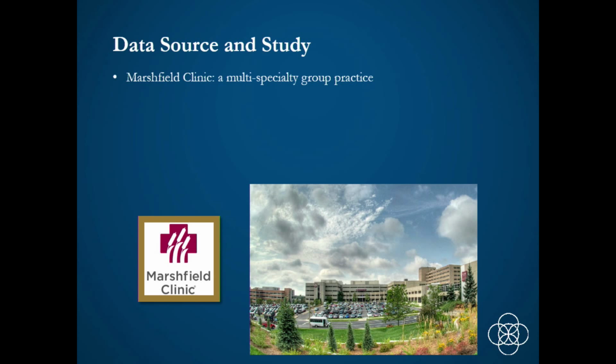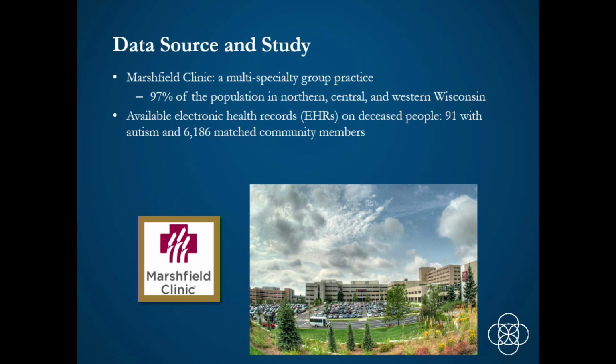So we had a very unique data set that allowed us to delve into whether we can find patterns of diagnoses that distinguish people with autism from community controls before their deaths. So the Marshfield Clinic is a large practice in northern, central, and western Wisconsin that serves about 97% of the population area. People don't move from this area either.